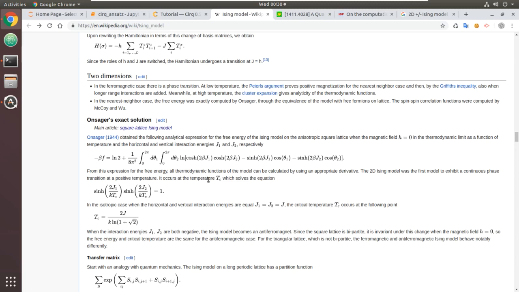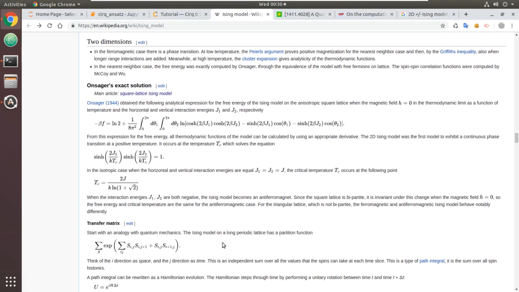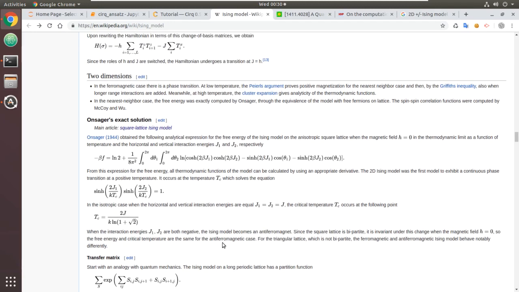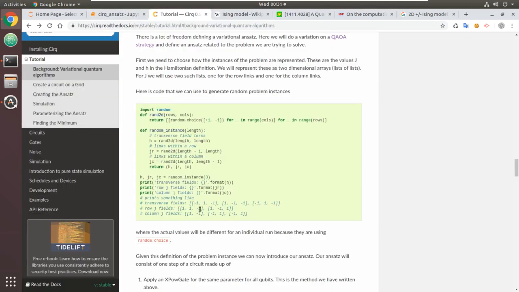Why though, if the interaction energies are both negative, the Ising model... Why do they have one dimensionless? No, this I don't understand. Why do they have one length, like one? So this is the rows.